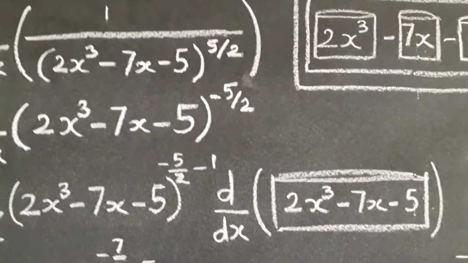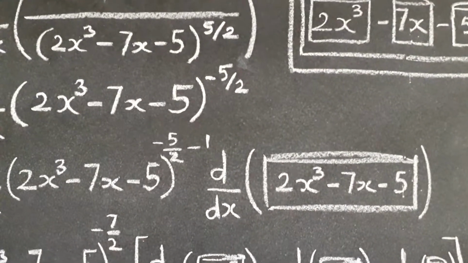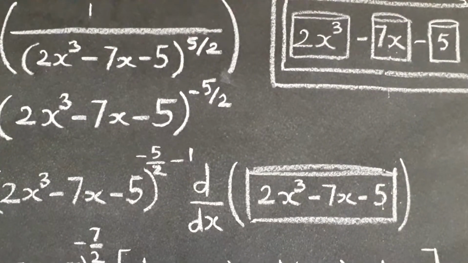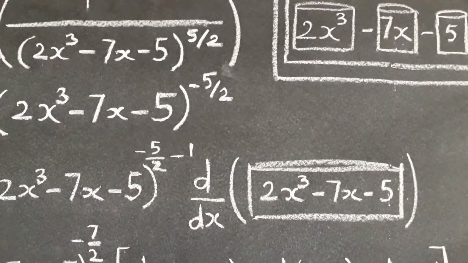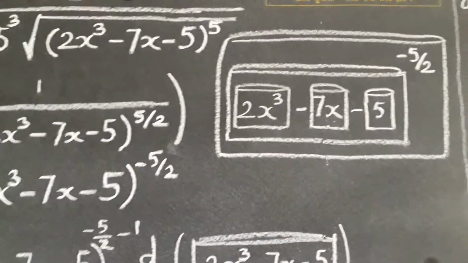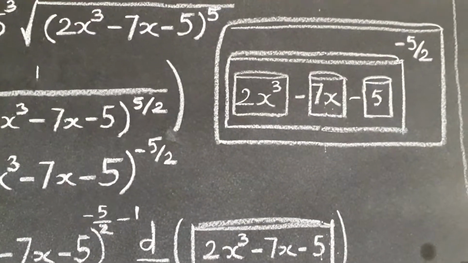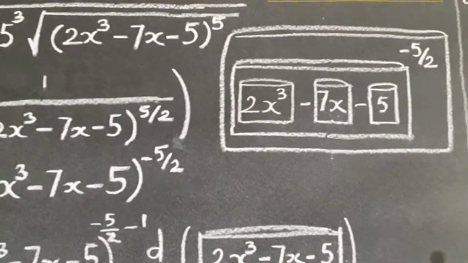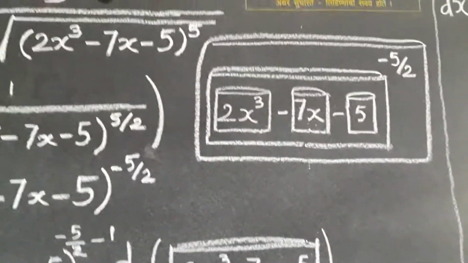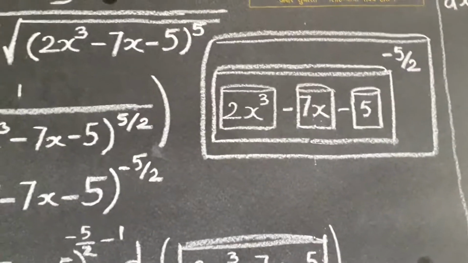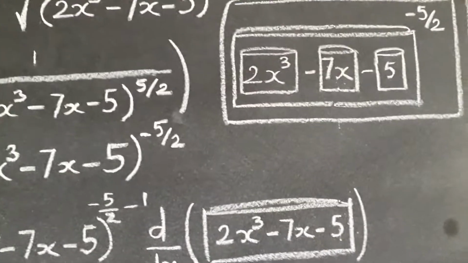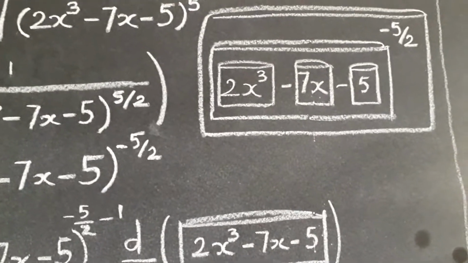Do you get it? Now to find the derivative of the inner box, that means to open out the lid, once again I check. When I open that inner box, I look at the three boxes which are different boxes.